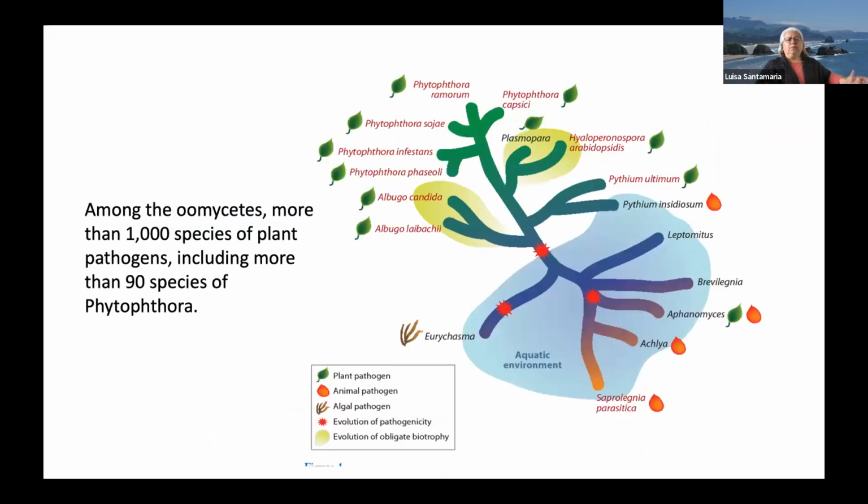So from these oomycetes, there are more than 1,000 species of plant pathogens. At least 90 of them are Phytophthora and pathogenic for plants.